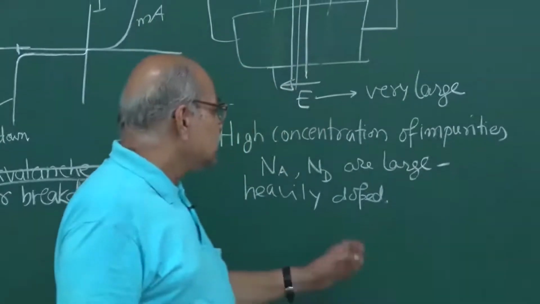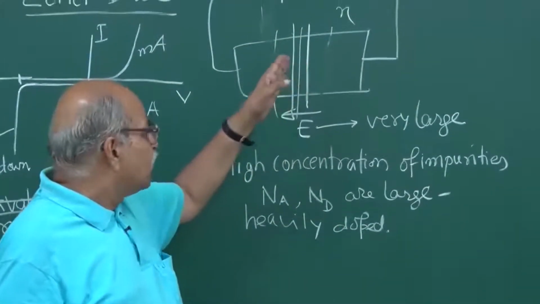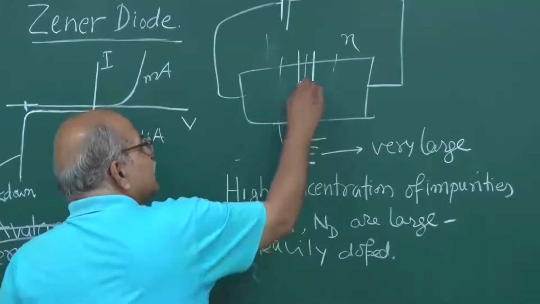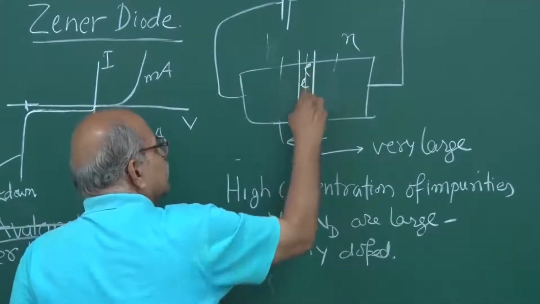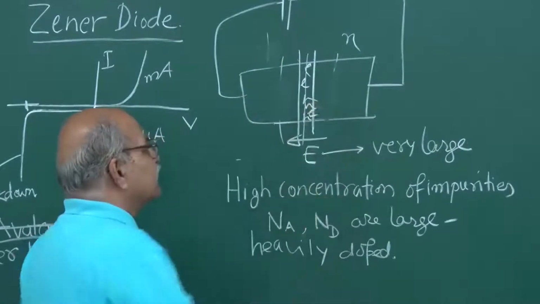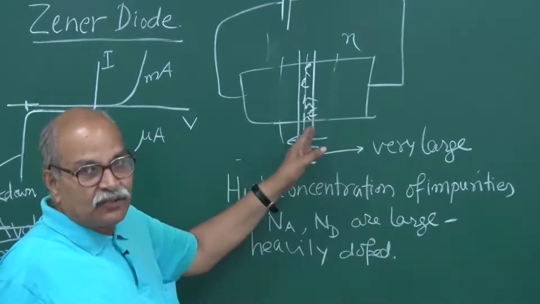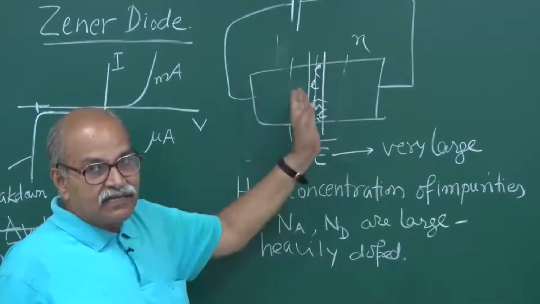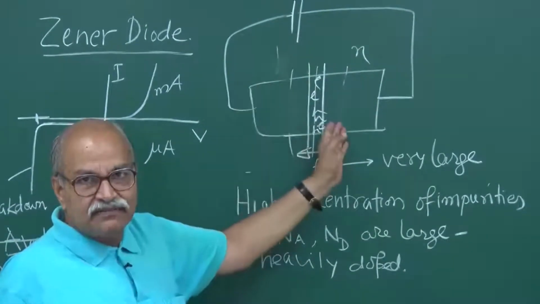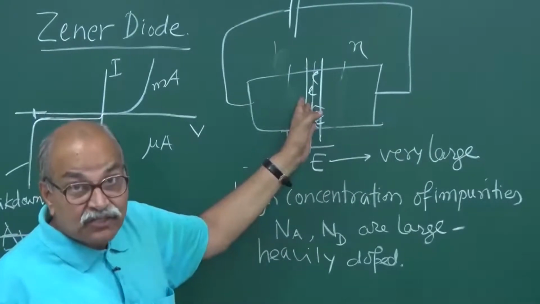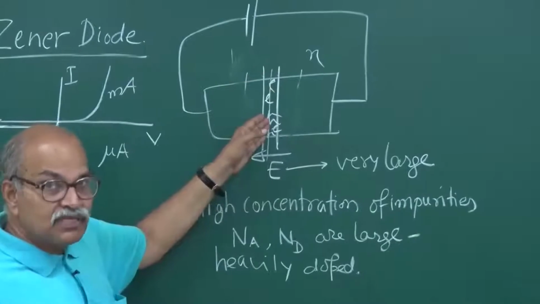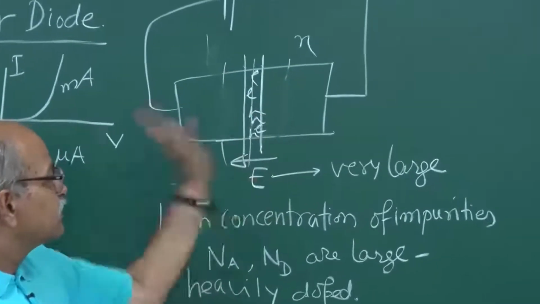So once this process starts, because of the strong electric field, electron-holes are created in this region, and the moment they are created, remember this electric field is there to sweep them and give rise to that current. So you can have current in the reverse bias which can be very large, because a lot of electron-hole pairs are continuously being produced, and then the electric field here is sweeping them.